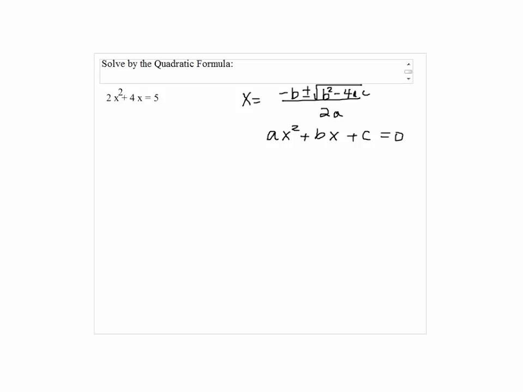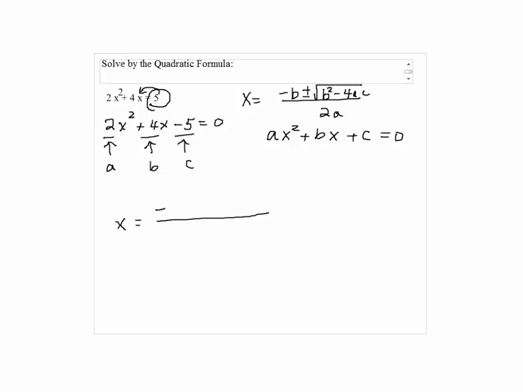Since our equation is not in general form, we have to move 5 to the other side. So 2x squared plus 4x minus 5 equals 0. Then we can use the formula, where our a is 2, b is 4, and c is negative 5.